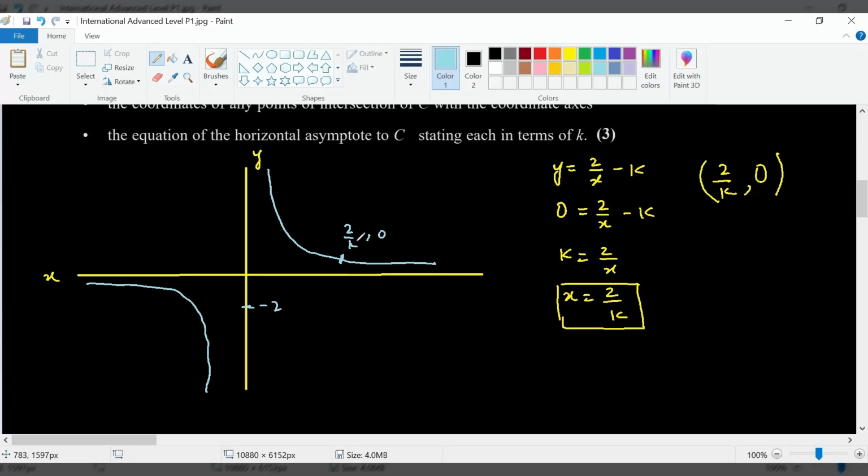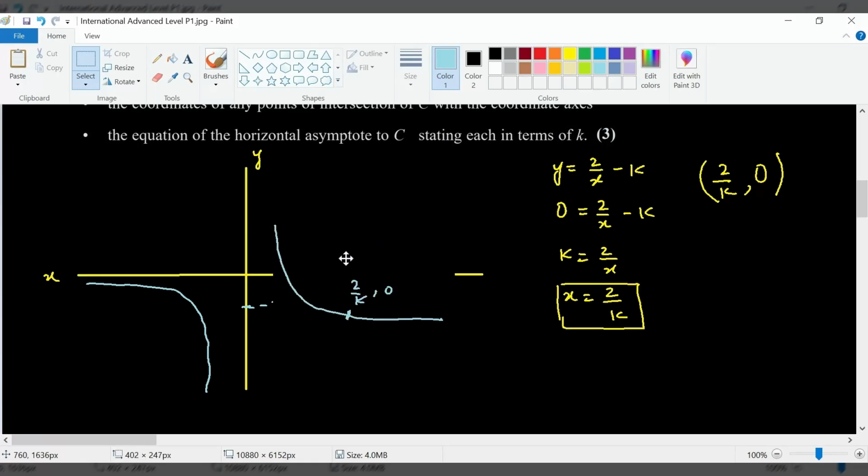Now, this is the original graph that we are expected to do. But in here it says it should cross at negative 2, so these two should be going down. I would go for something like this.